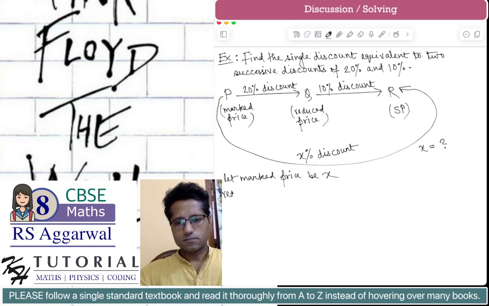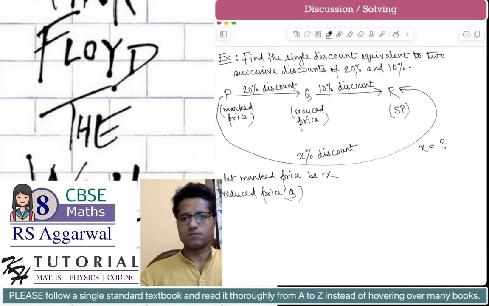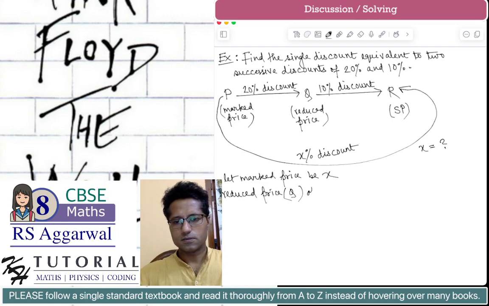So Q, let's say the reduced price, I will mention the price Q as per the diagram.